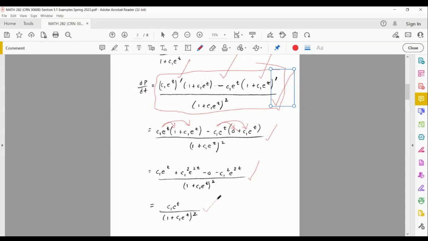In the end, we get C1 times e to the t over the denominator, which is the quantity 1 plus C1 e to the t, quantity squared. Now, please let me know if you have any questions on this.